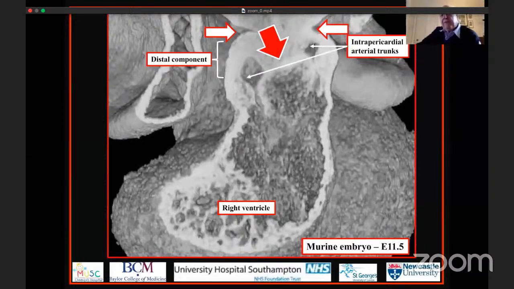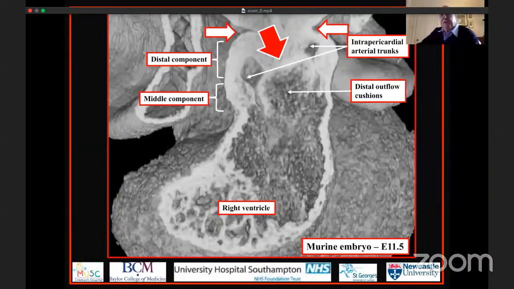The remainder of the outflow tract retains its myocardial walls, but we can recognize a middle component, and we know that that middle component is separated by the distal parts of the cushions that spiral during normal development through the remainder of the outflow tract.